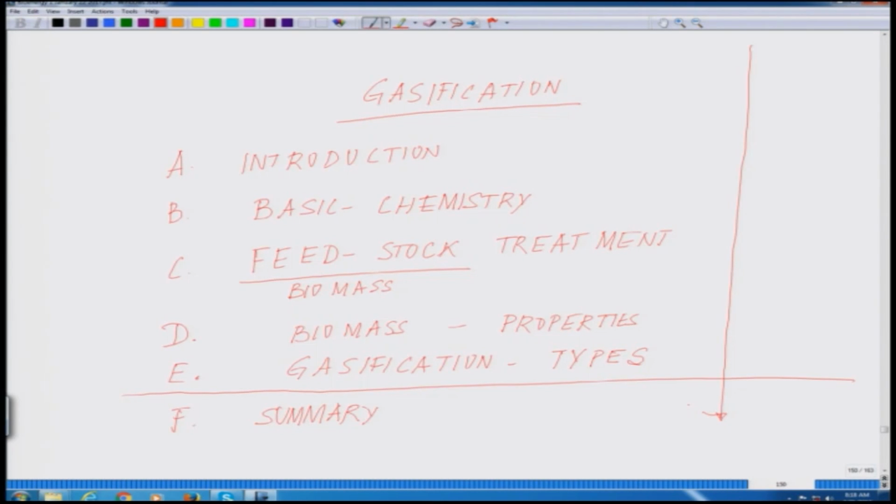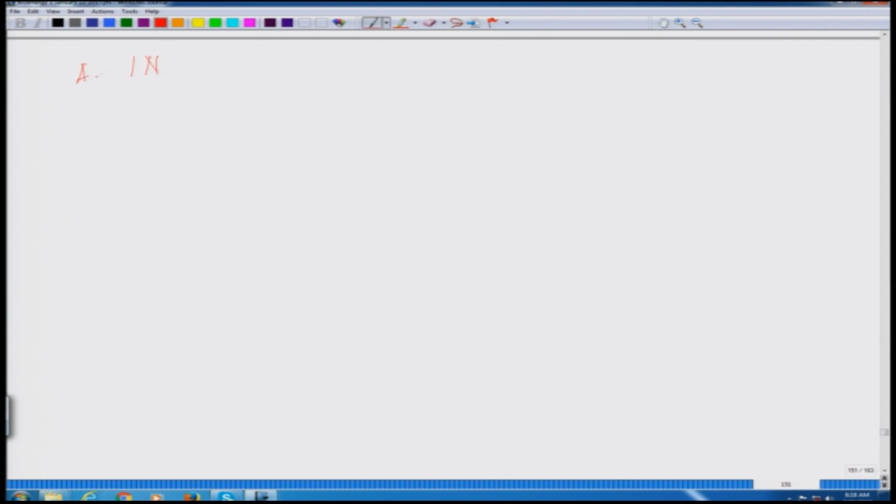Now, talking about the introduction, this is what gasification is by definition. Gasification is a process of conversion of biomass into a combustible gas mixture.